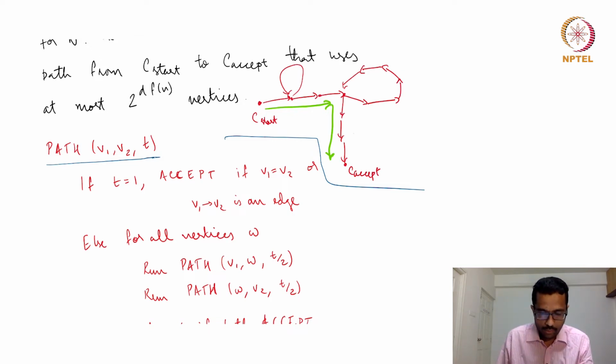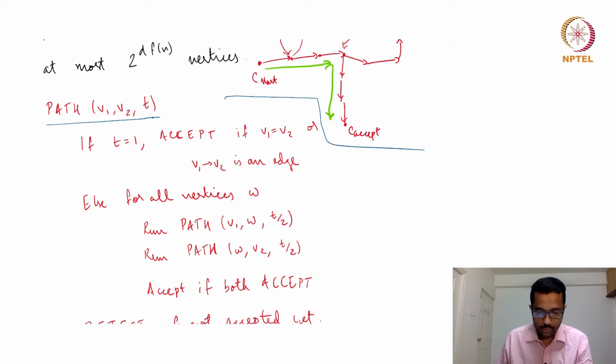Okay, this is what we are trying to do with this subroutine. And the reason we named it like this is that we can make recursive calls. So I will use this recursively. That's why I called it path v1 v2 t. This is asking whether there is a path of length at most t from v1 to v2.